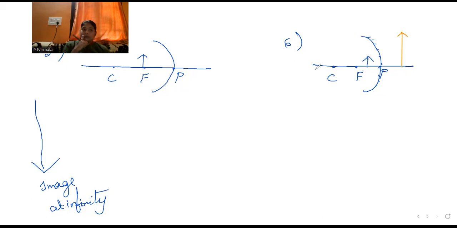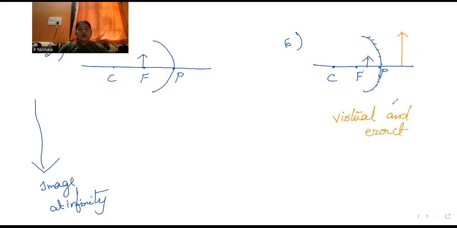Understood? So it is not inverted. It is virtual and erect and also behind the mirror. Only this case, between focus and the pole, gives a virtual and erect image.